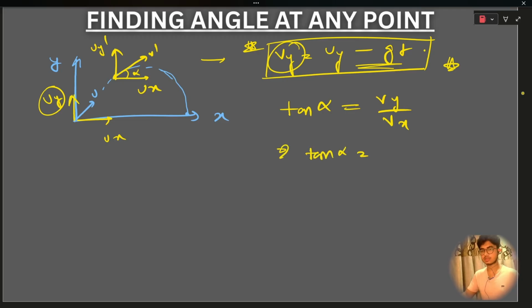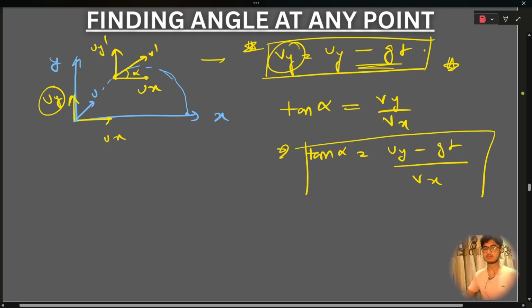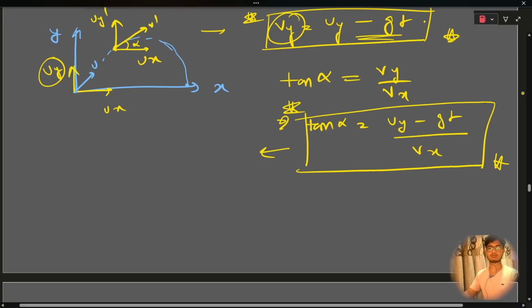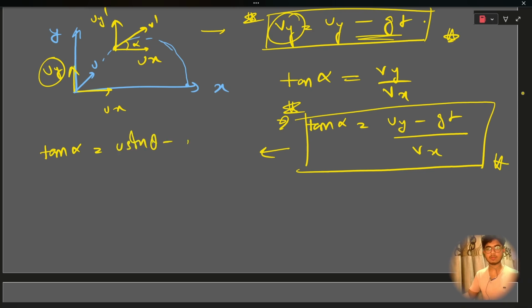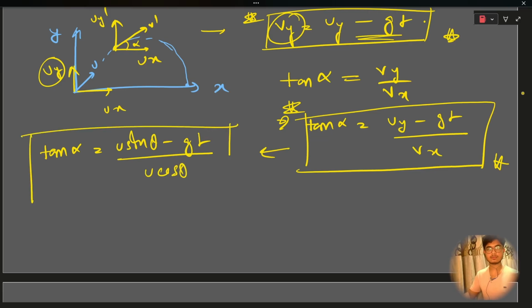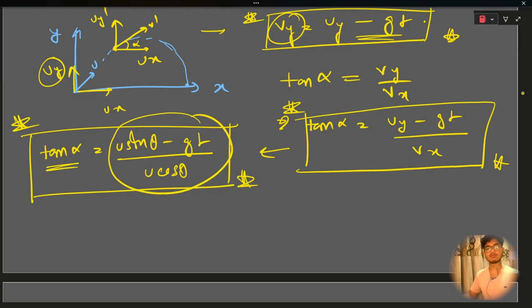So tan alpha equal to Uy minus gt by Vx, or you can just write the value: u sin theta minus gt by u cos theta. Okay, so solve this whole thing and we'll find the tan theta and the angle from here.